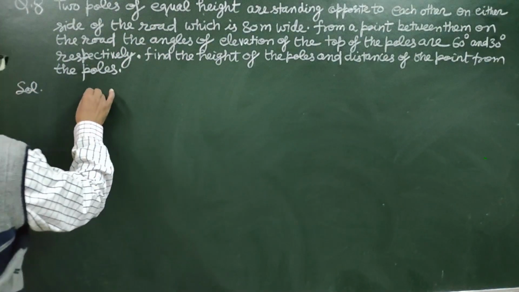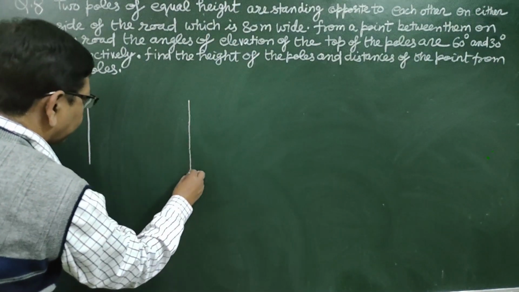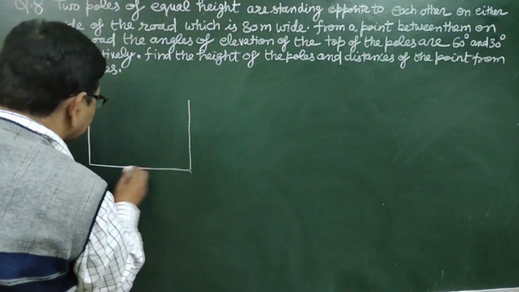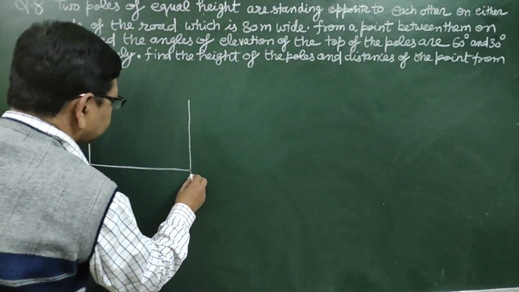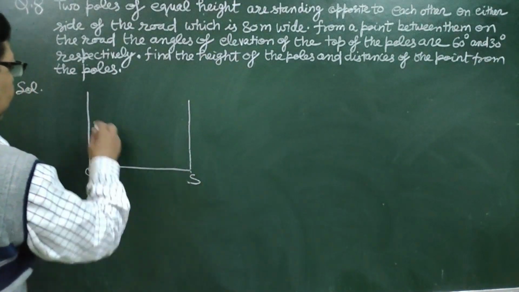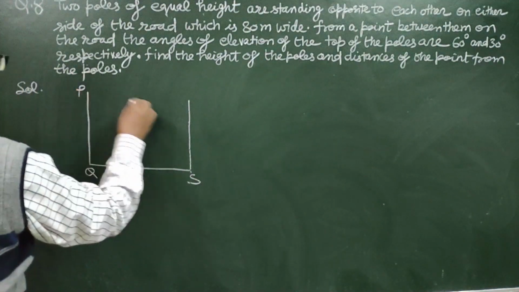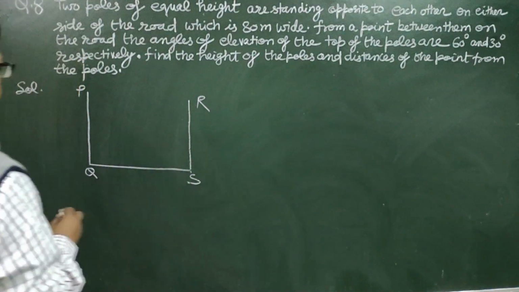There are two poles. Let us draw two poles on either side of a road QS. This is the width of the road, and the two poles are PQ and RS on either side of it.